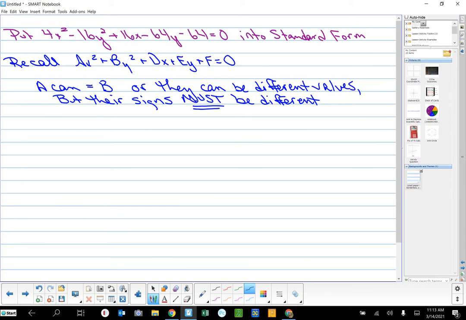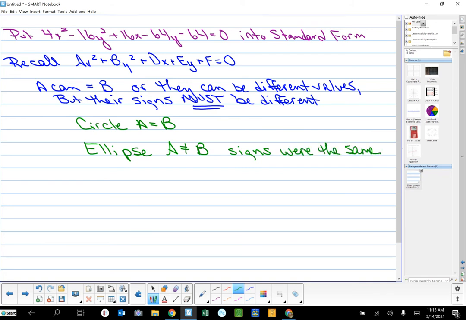Remember, in a circle, a had to equal b. So just for review, in a circle, a had to equal b. In an ellipse, a could not equal b, but their signs were the same. And then in a hyperbola, it doesn't really matter what the value of a is.